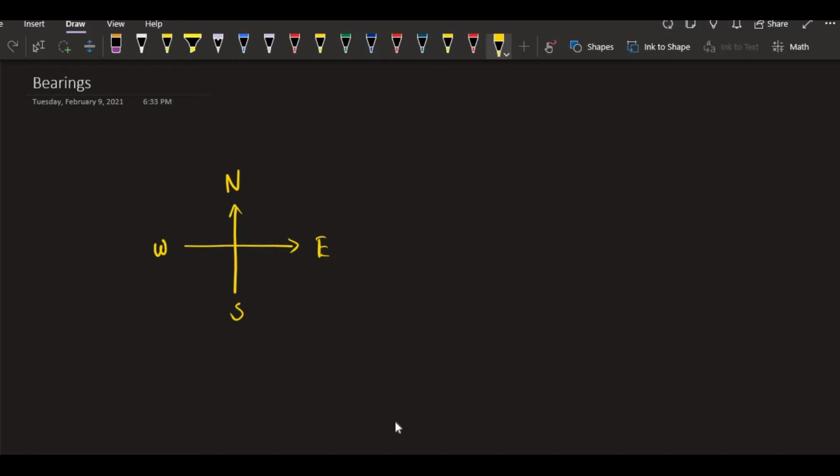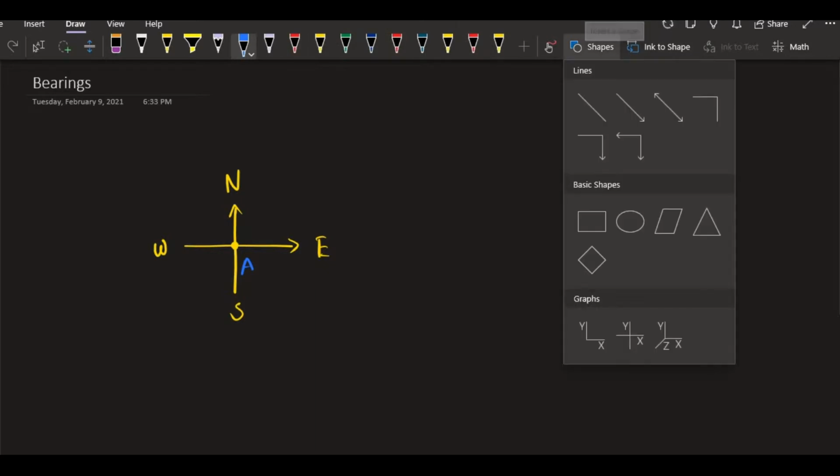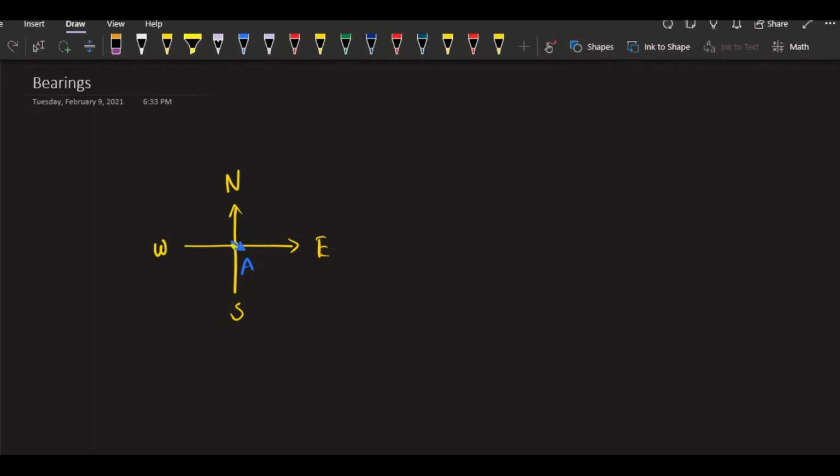Suppose a boat travels from here, suppose this is point A, to point B like this.